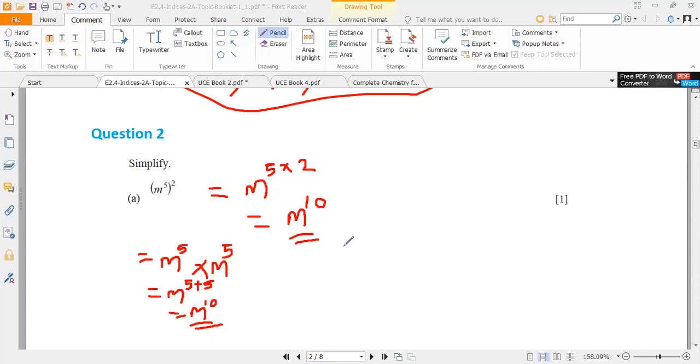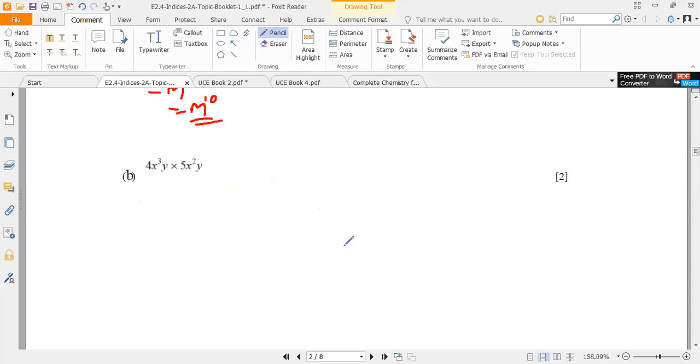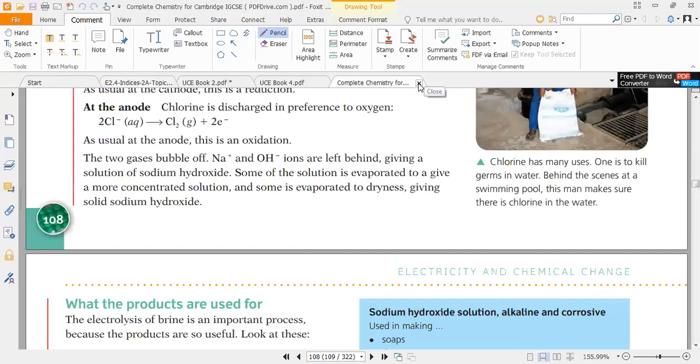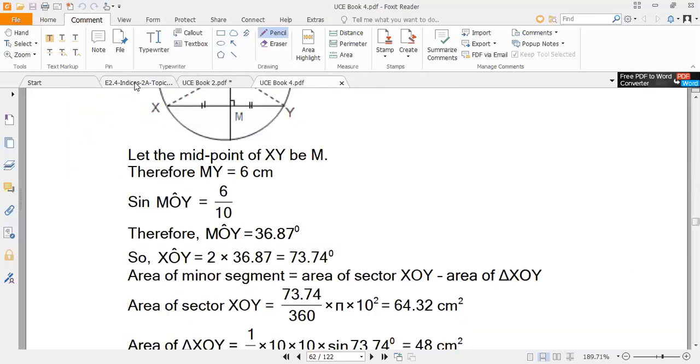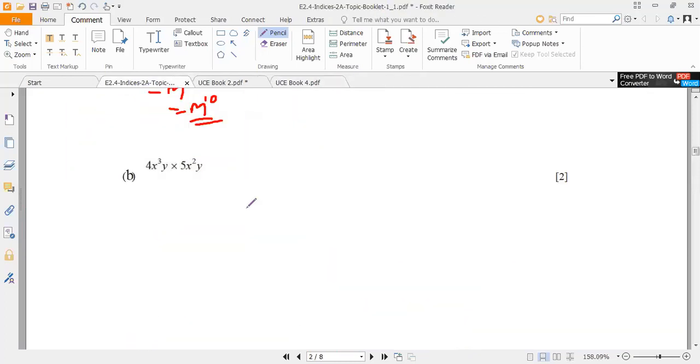So we move on to the next example, which is here. It asks us to multiply these two. So here we shall bring in something that we call collecting of like terms.